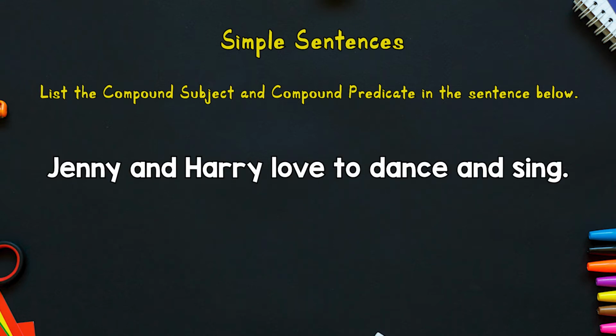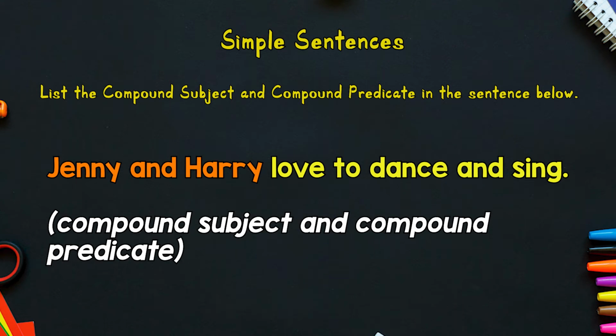Jenny and Harry love to dance and sing. So in this final sentence, we could see that we have a compound subject, Jenny and Harry, and what do they love to do?